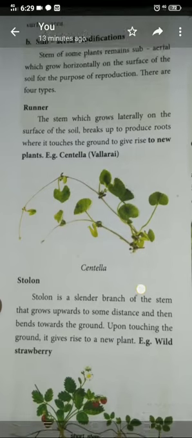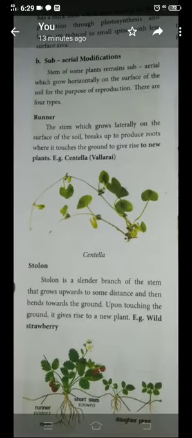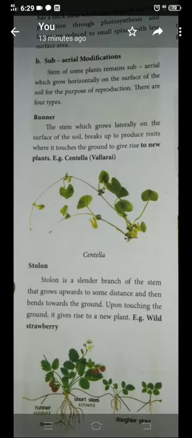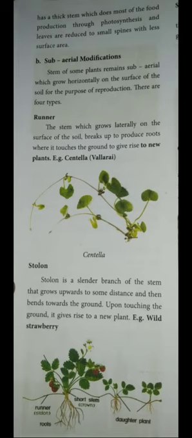The next one is subaerial modification. The stem of some plants remains subaerial. Subaerial means climbing plants that have some horizontal growth. It happens from the surface of the soil for the purpose of reproduction. There are 4 types. The first one is the runner, the stem which grows laterally on the surface of the soil.